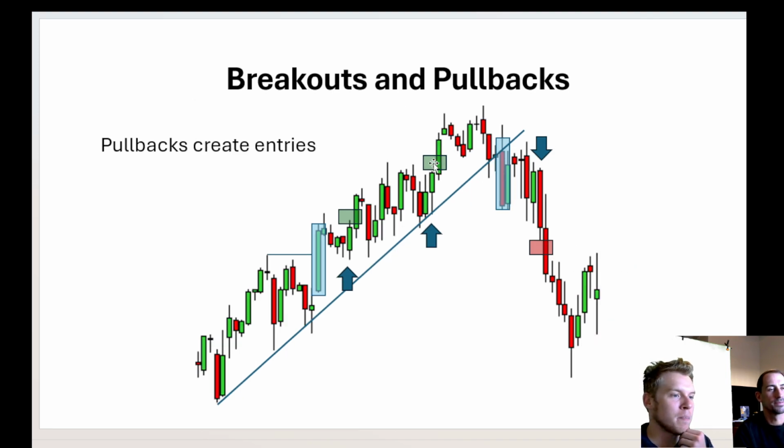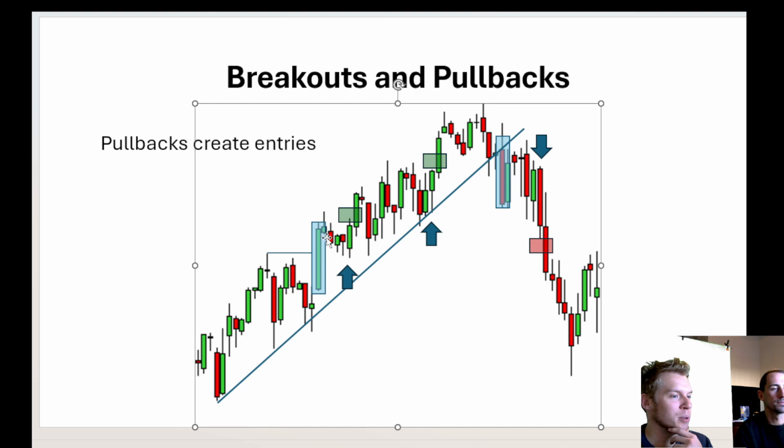So once you get a breakout, sometimes the breakout will just continue and go straight up, like how this just went straight down. A lot of the times you get these pullbacks. So breakout, market pulls back a little bit, and pullbacks create entries.